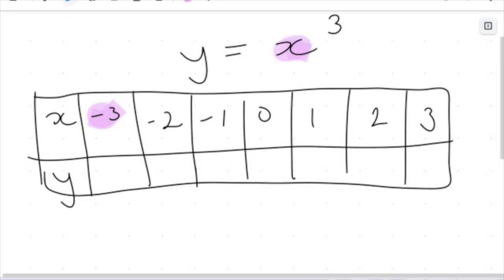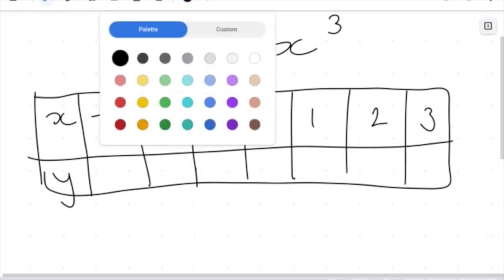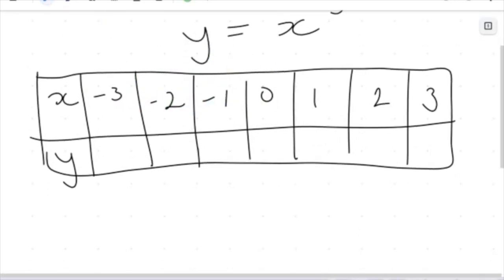Now, substituting in -3 here, that gives me -3 all cubed. So in other words, this is just a shortcut for saying -3 times -3 times -3.